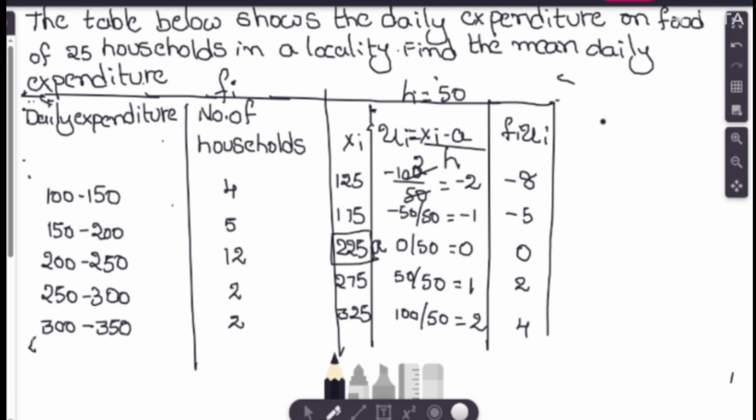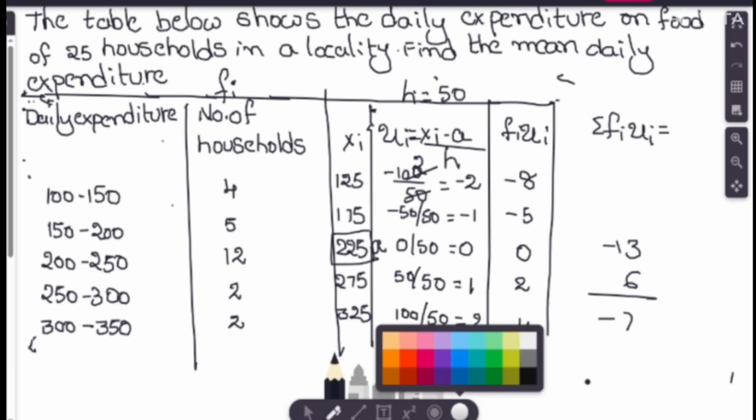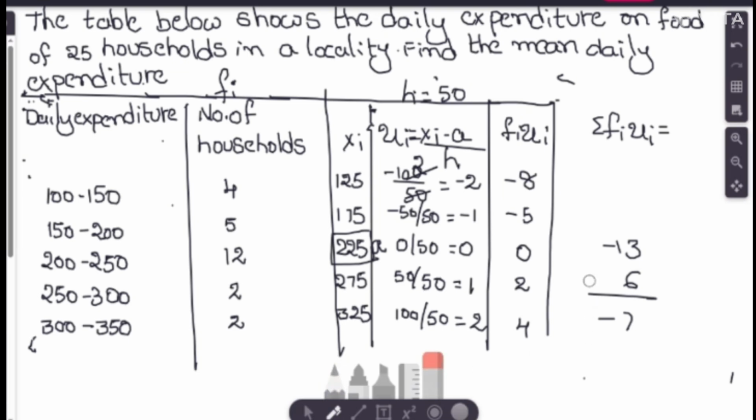So we need sigma fi ui, which is equal to minus 8 minus 5, that is minus 13, plus 6, minus 7, because those having the plus symbol we added, 2 plus 4, that is 6. So in this way we have to find this, and we have to substitute in the formula. I will write here the mean of the data. Sigma fi ui, minus 7 we got.